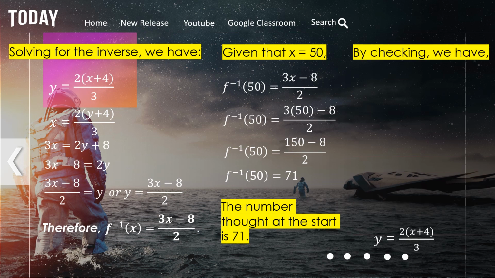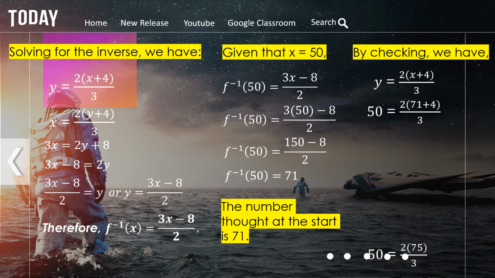So by checking, we use the original function, which is f of x is equal to 2 times (x plus 4) over 3. So what is the value of y? That is 50, which is equal to 2 times, inputting the value of x, which is 71, plus 4, over 3.